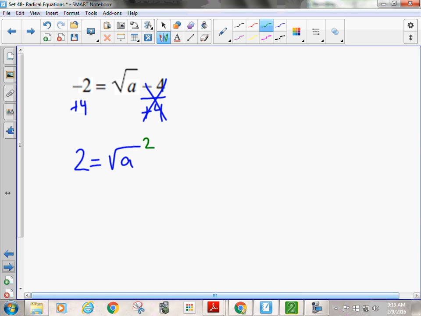We're going to square both sides, and we get 4 equals a. All right, so if I double check this and I plug it back in, square root of 4 gives me 2. 2 minus 4 gives me negative 2. So my answer works out.